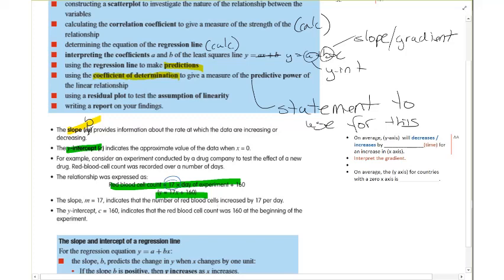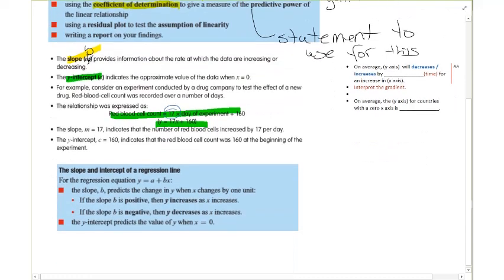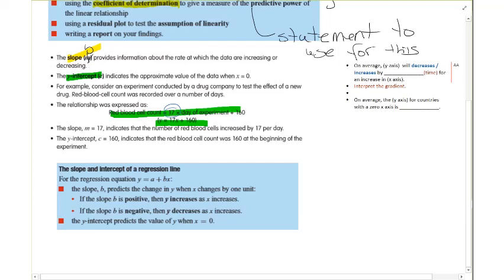And the y-intercept says that the red blood cell count was 160 at the beginning of the experiment. You have to have some analysis that talks about that sort of information. Sometimes your answer might be a little more detailed, but that's the general idea of what you're doing with a slope and intercept.